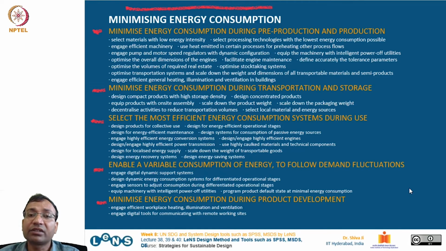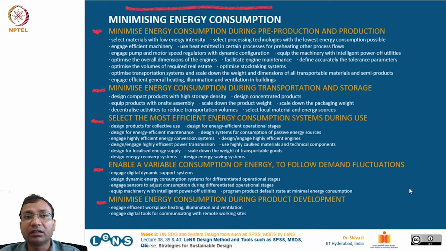You may have seen examples where bicycles are fitted with dynamos. The kinetic energy of the wheel can be utilized by the dynamo to generate the power needed to light the bulb installed on the cycle. That is what we are talking about over here: the energy wasted in some industrial process can be utilized for another process.